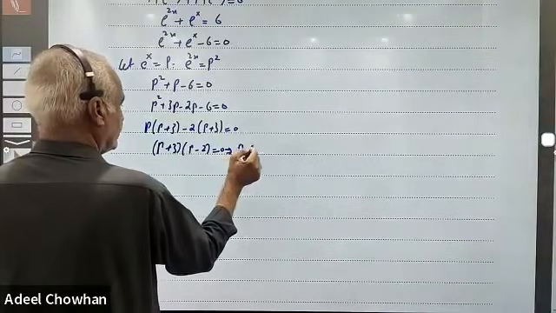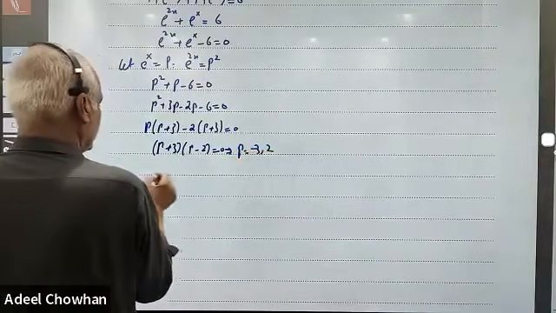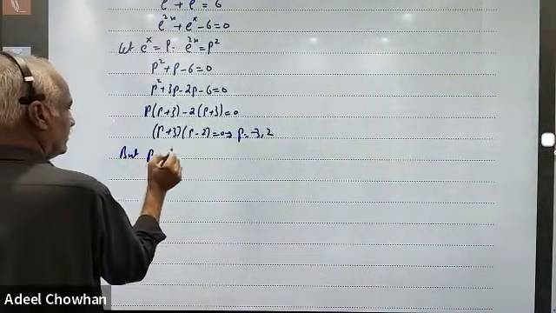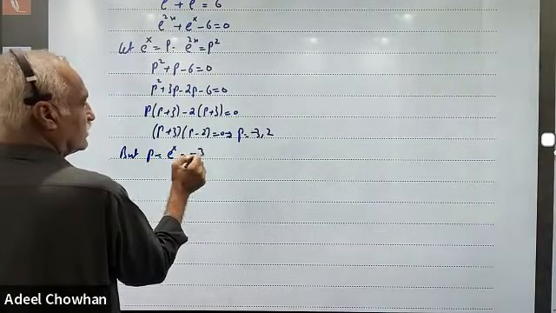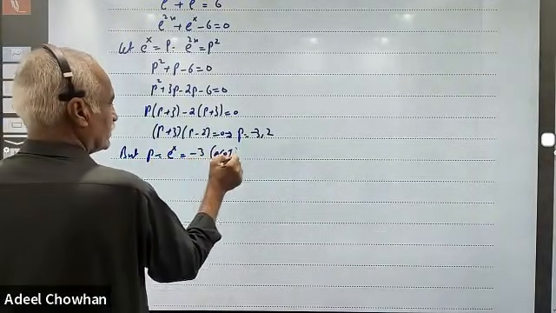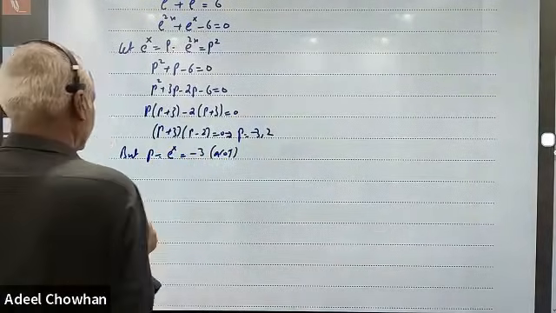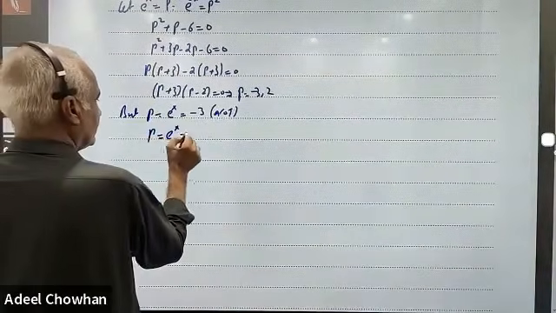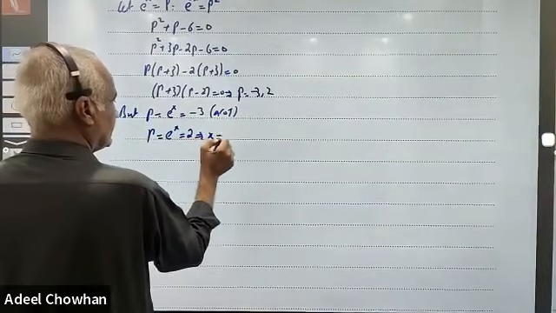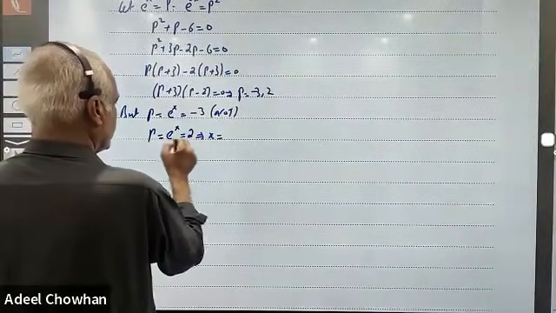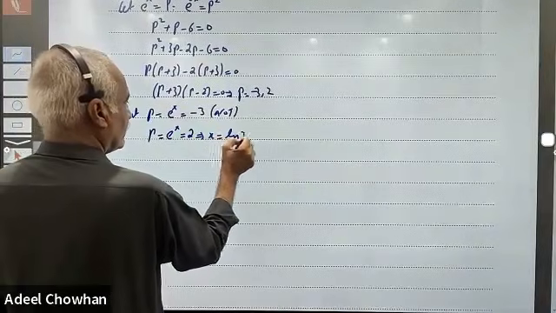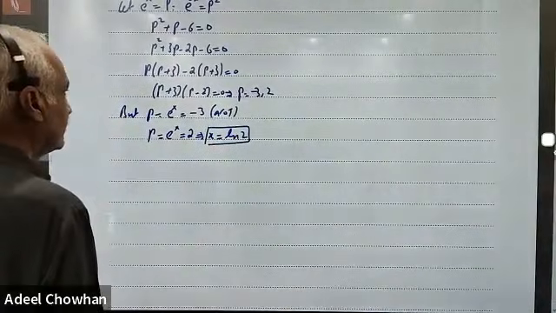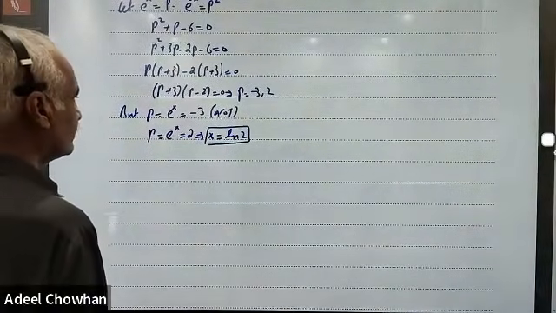So p is equal to minus 3 and 2. But p is equal to e power x, and minus 3 is not possible because the log of negative numbers does not exist. So e power x is equal to 2, then x is equal to log of 2.